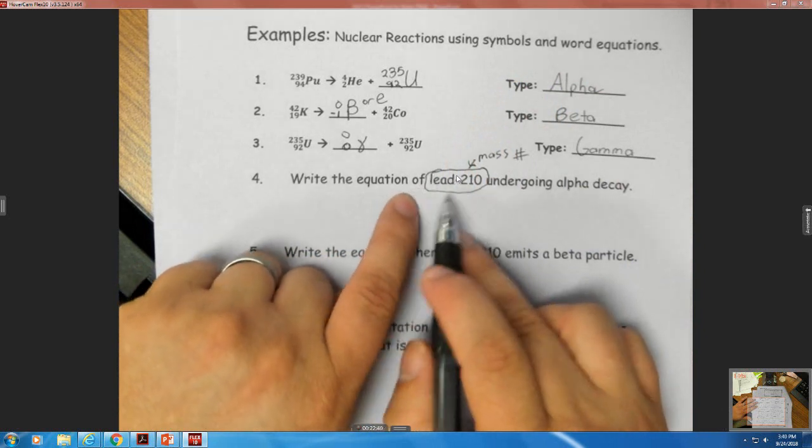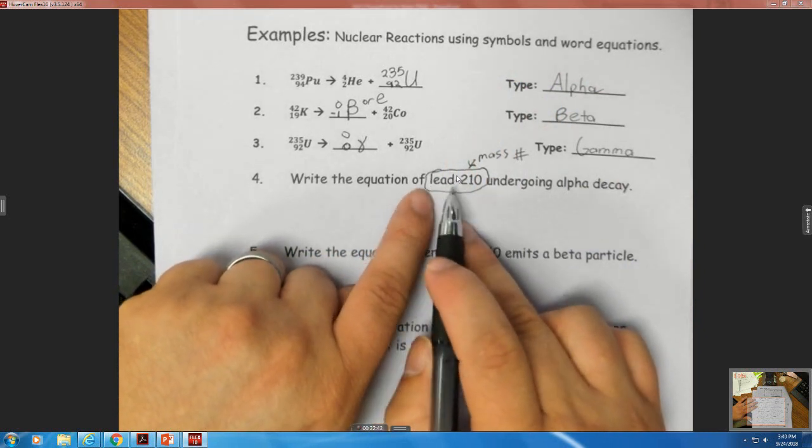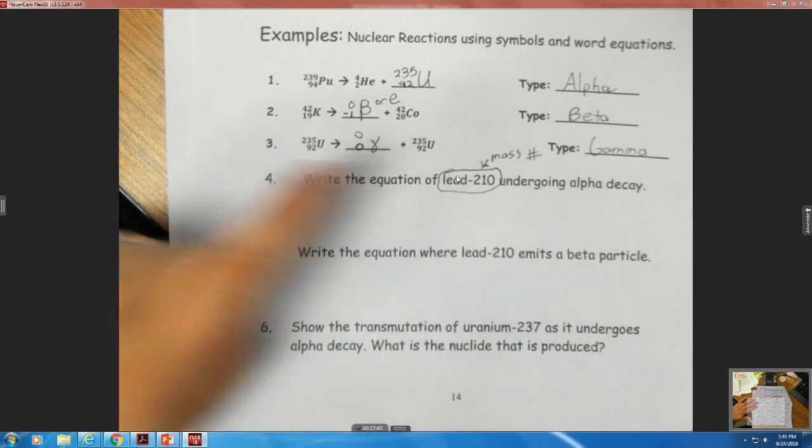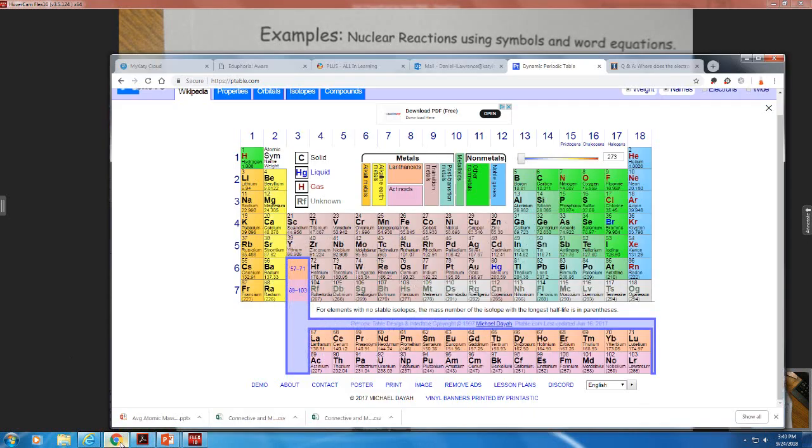So how can I know what the atomic number is? Well, since it tells me the element, I can just look it up on the periodic table. So I'll pull up my periodic table again. It says that it's lead. Lead is down towards the bottom because it's a really heavy element. There it is right there. It's Pb. If you remember lead as peanut butter, maybe that helps you.